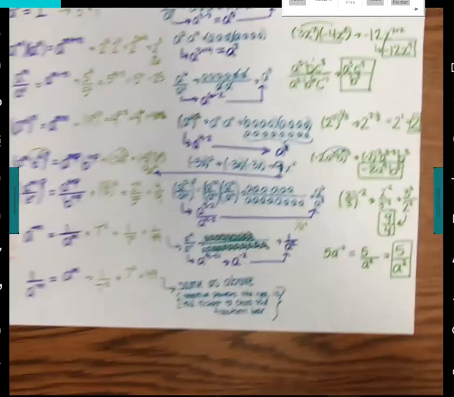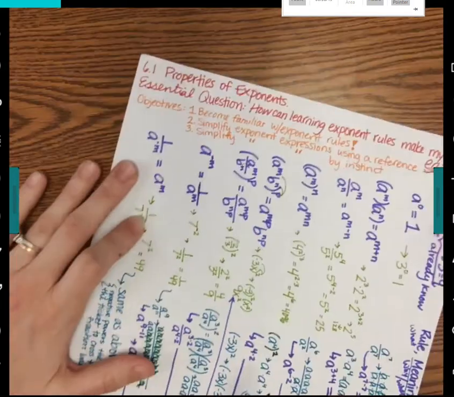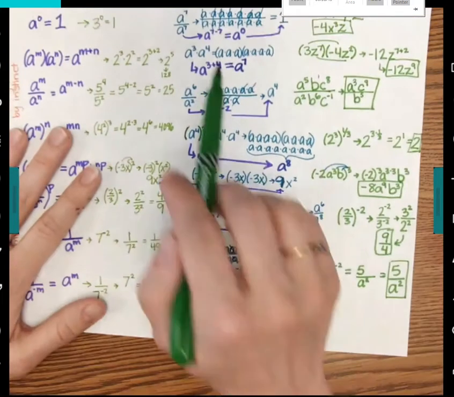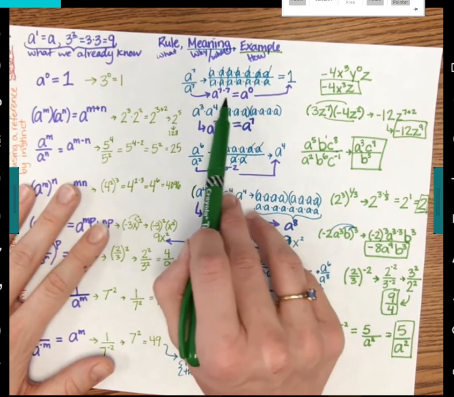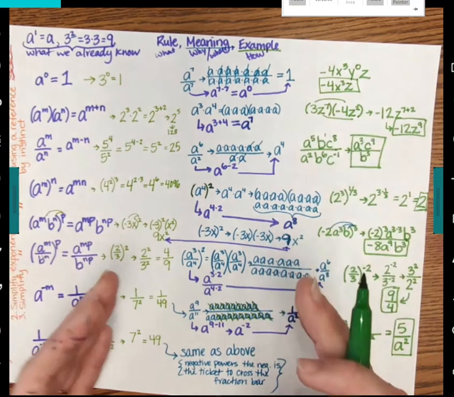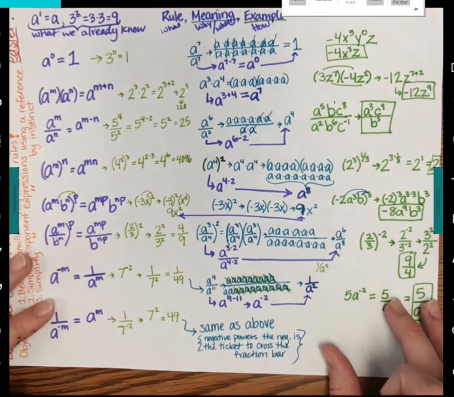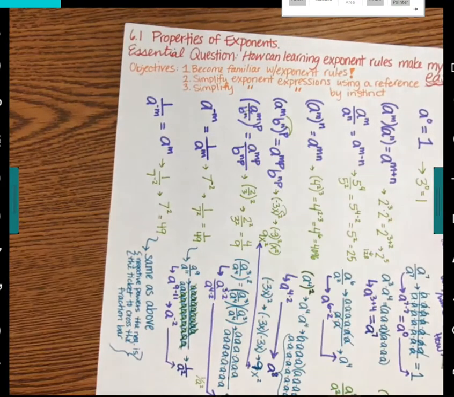Okay, so let's think about our layering for a second. How can learning exponent rules make my life easier? Well, hopefully looking at this blue, you like seeing just this simplified short version in purple a little bit better than doing all the blue. The blue is what's making this messy, which is okay, because learning is messy. But also, consider, we want to become familiar with those exponent rules.